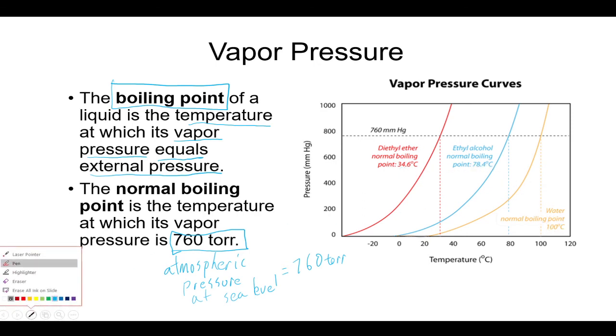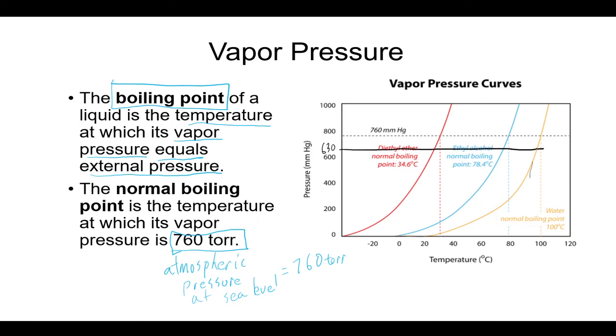Not everybody lives at sea level, but these curves are useful for thinking about what if you lived, like I did, in Albuquerque? Albuquerque, I think, is somewhere like 630 torr, so maybe it's here. And maybe that means water boils at, I don't remember exactly, maybe 95 degrees Celsius.